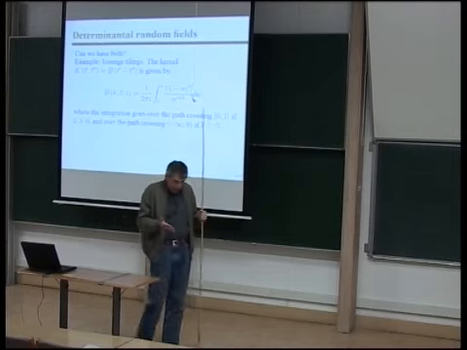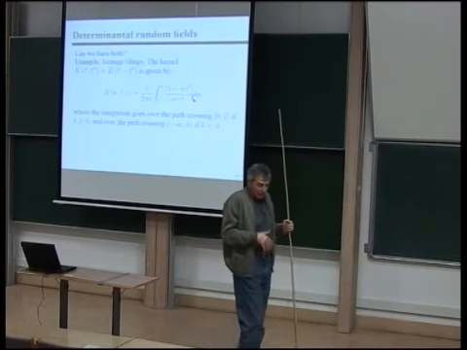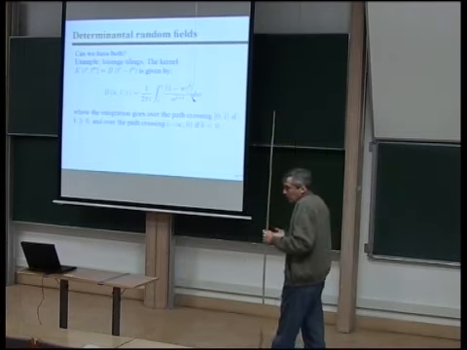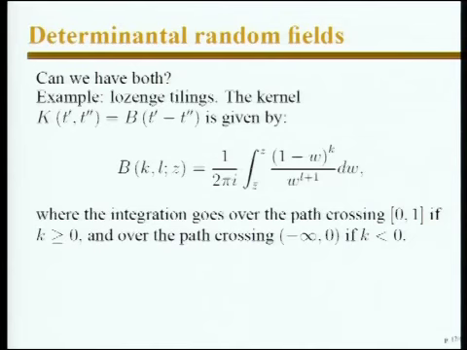Then what you have inside is just a uniform distribution on all possible tilings of that box. So the conditional distribution is just uniform on all allowed configurations, and in that sense this is a Gibbs description of that field.